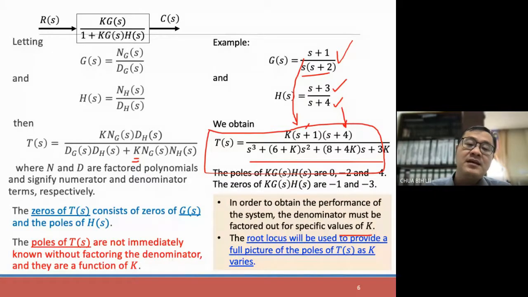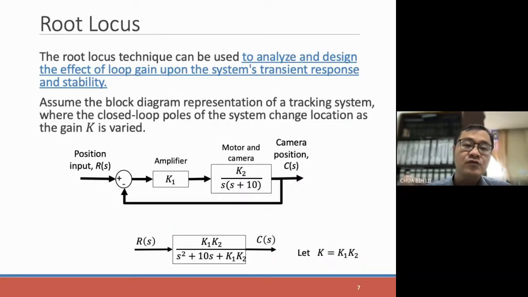From there the root locus comes into the picture, our purpose of today: how the poles will move when the K changes. This is our main purpose of doing this root locus.